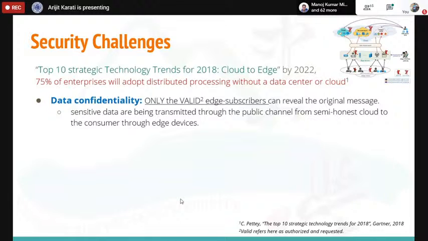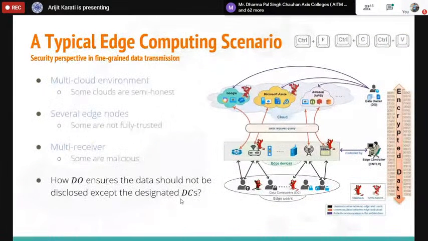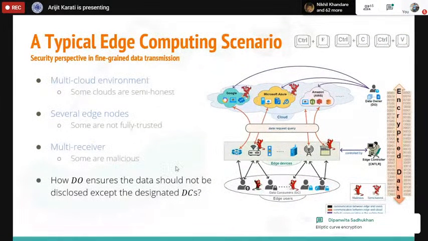All those encryption algorithms are for one-to-one encryption, right? But in this edge computing architecture, what is your view or observation? Can we use one-to-one encryption for this kind of edge computing model? What are your views?